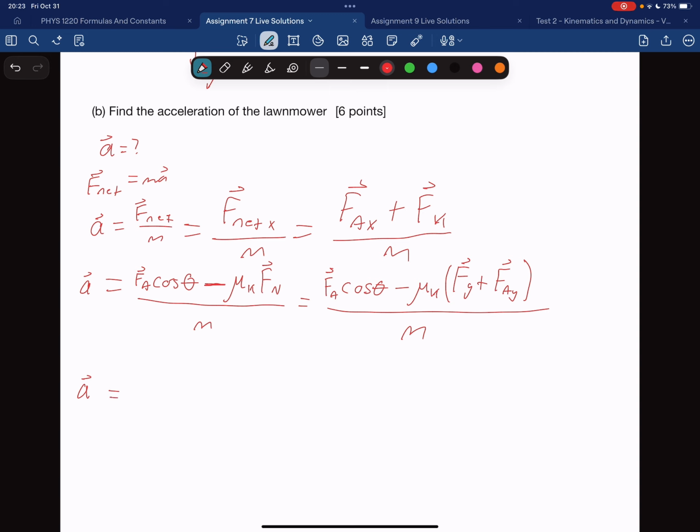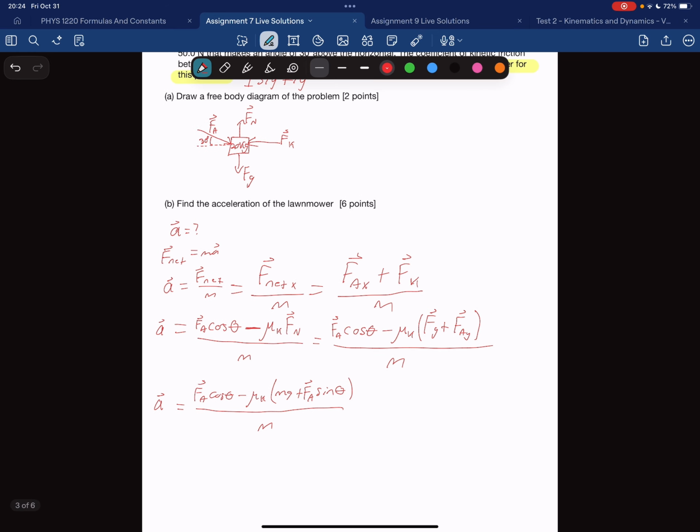And getting close to the end here, I have Fa cos theta minus mu k times mg, and this is plus Fa sine theta all over m. Now this is Fa sine theta because the y component is opposite of that 30-degree angle back in our free body diagram.